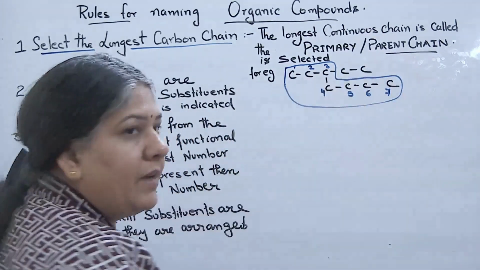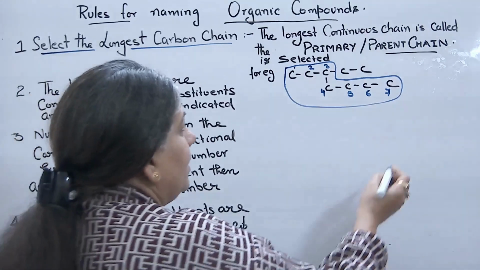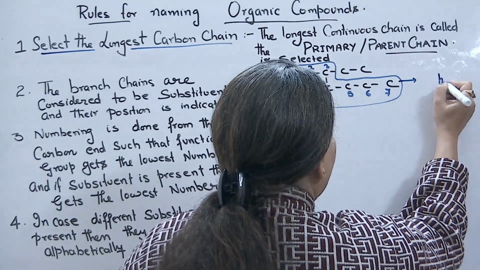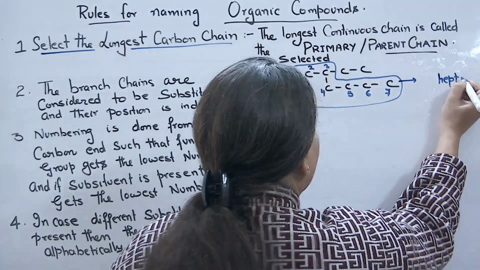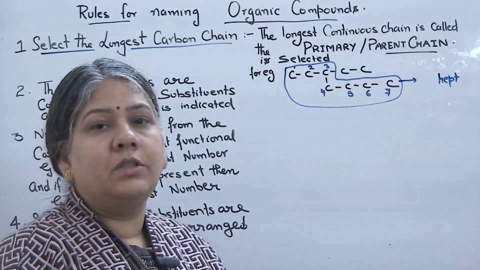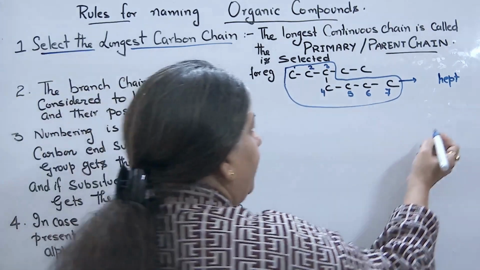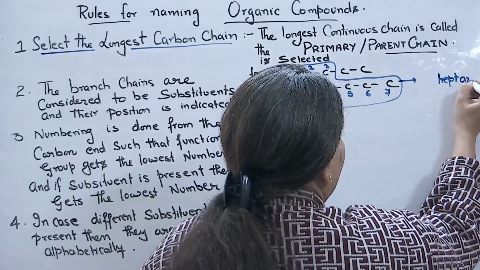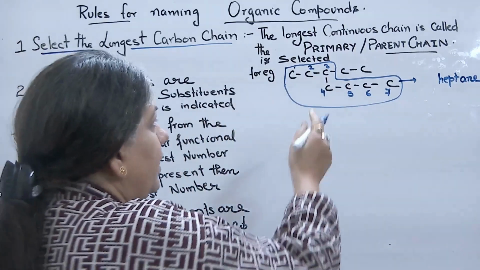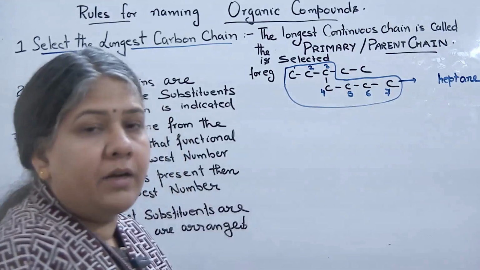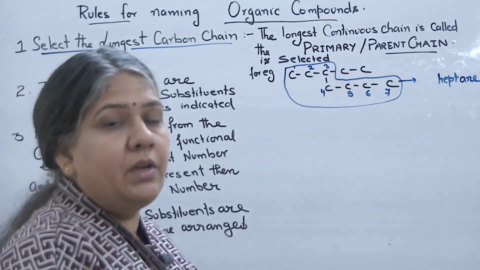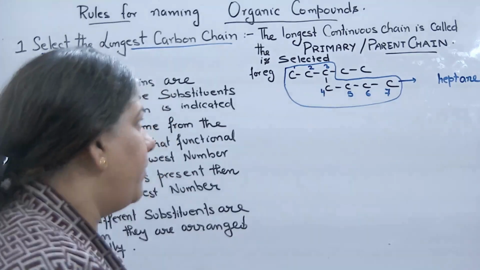Now whatever is left is the substituent. So in this case we get the root word hept. Since all the bonds are single bonds, the suffix will be ane. These two carbon atoms are still unnumbered and they are part of the substituent, hence they will come in the prefix.